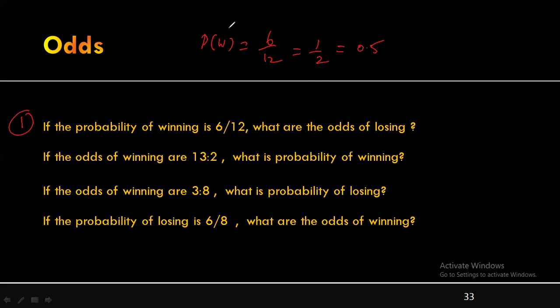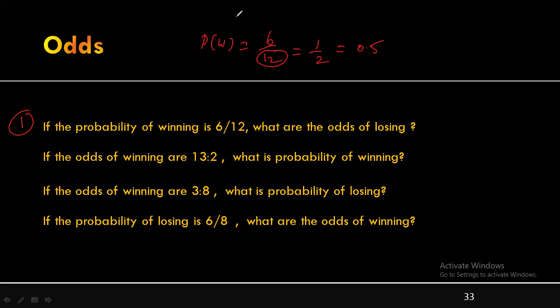That means if you play 12 times, you expect to win 6 times. So what about losing? The remaining 6 is you losing, right? Out of 12, 6 times I won, so the other 6 times I lost.